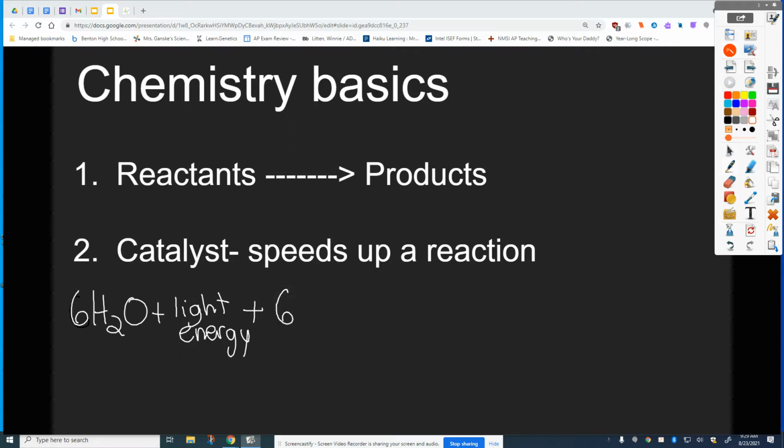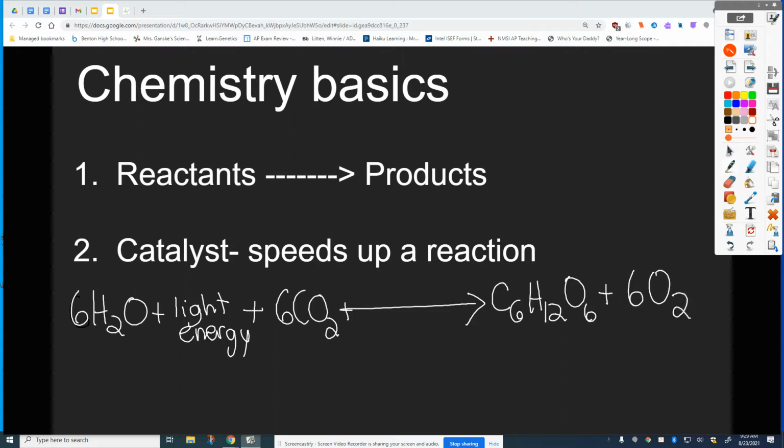Carbon dioxide, so 6 CO2. Is there anything else? Did y'all learn photosynthesis in environmental science? What do we get? Glucose. What's the formula for glucose? Absolutely, C6H12O6. And what do plants give off? Oxygen.